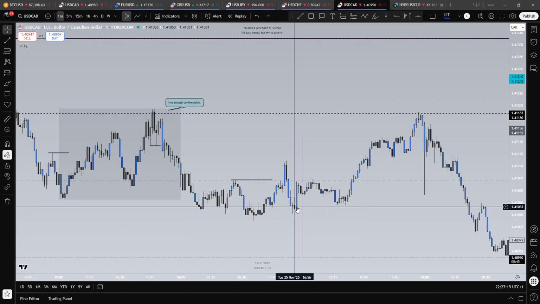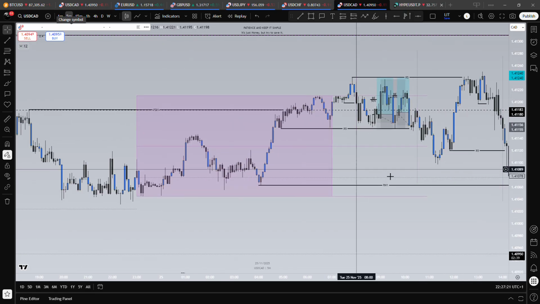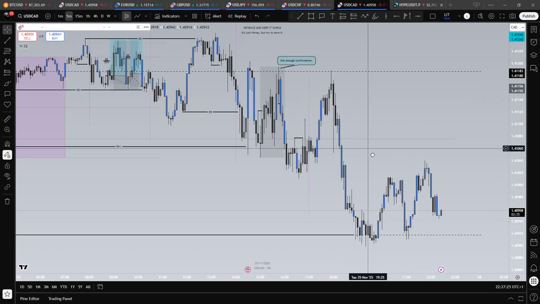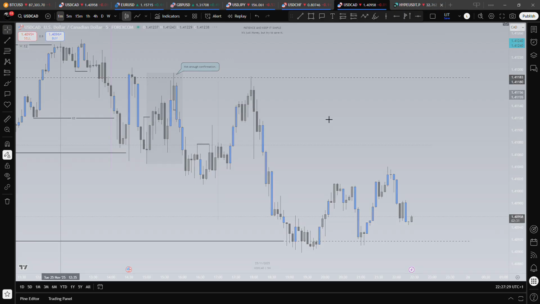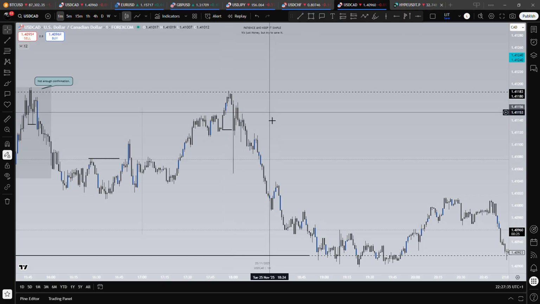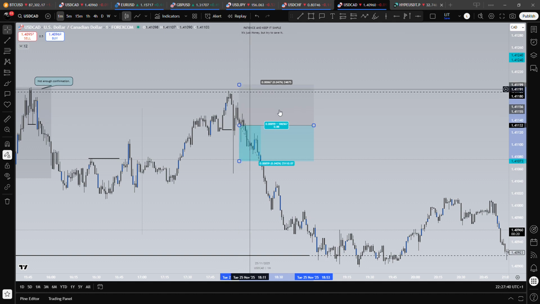So I didn't enter here because we had this wick that is not an engulfing and the second one is not an engulfing, so I don't enter on the third one, and we had the movement, but yeah, it's okay, no trade for me. And then we had the movement to the downside for the continuation. This is a wick really, so maybe it was good for a continuation trade.